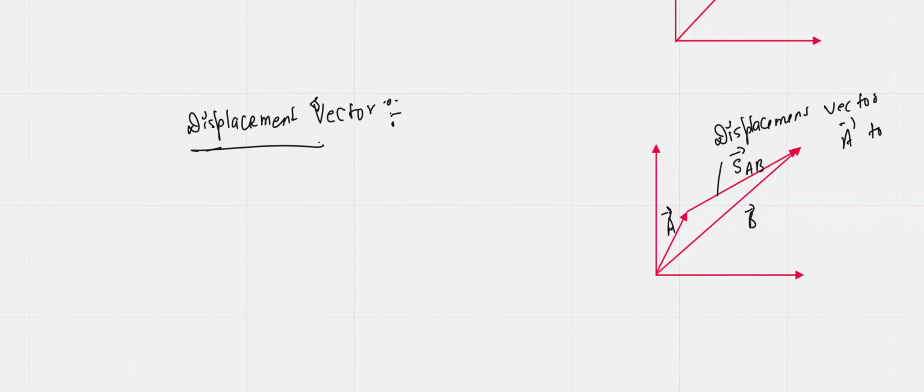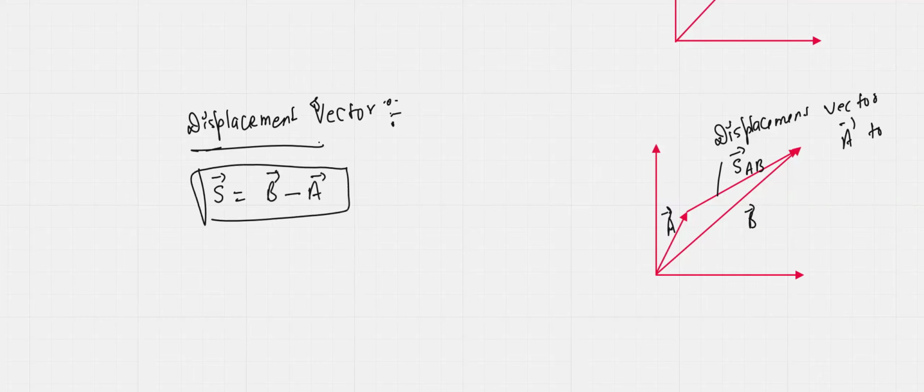So what is the displacement vector? It is nothing but the final point, that is the B vector, minus the A vector. This will give you the displacement vector. That is clear.